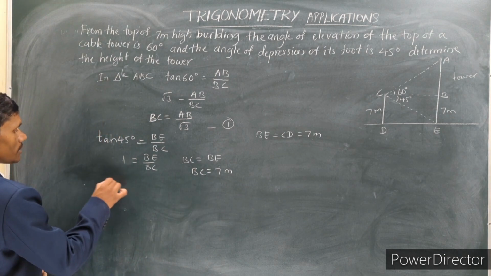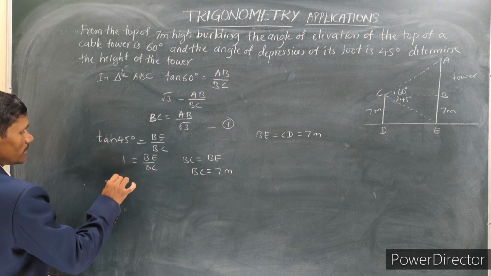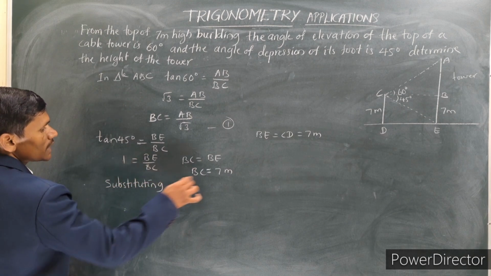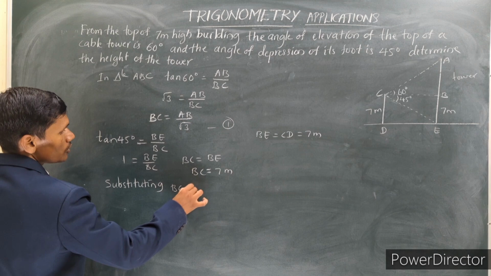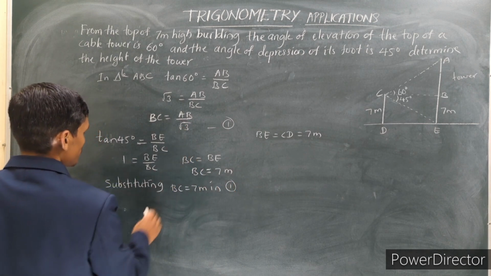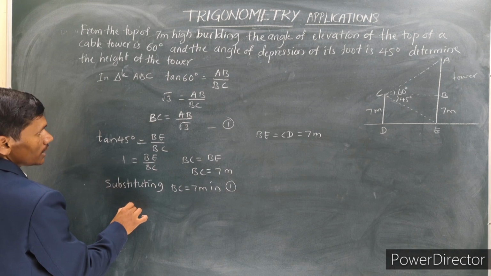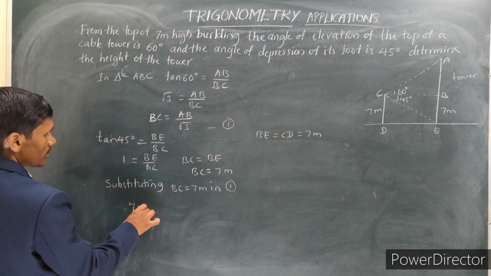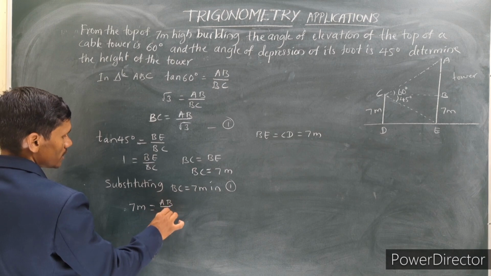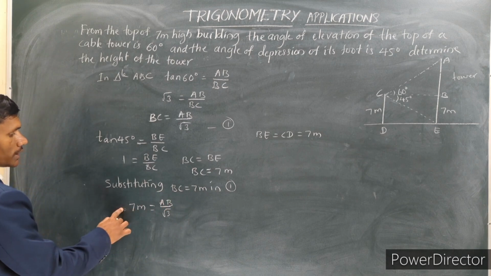Okay. Now substituting BC is equal to 7 meter in equation 1. What do you get? BC is 7 meter, so 7 meter is equal to AB upon root 3. You bring this root 3 this side.